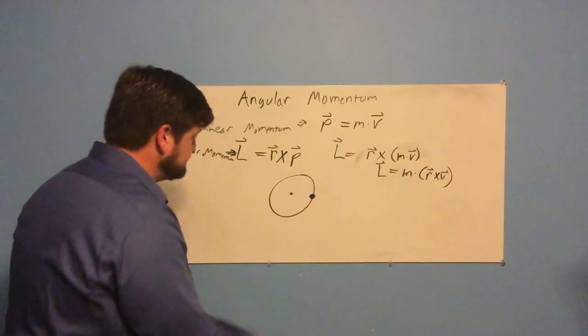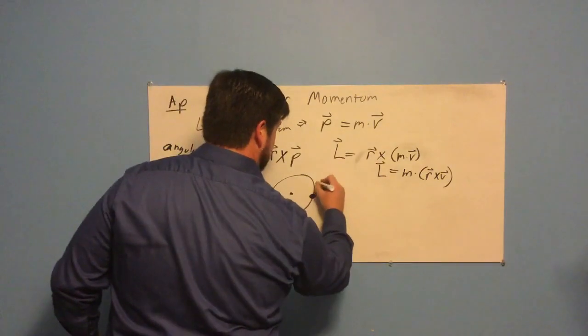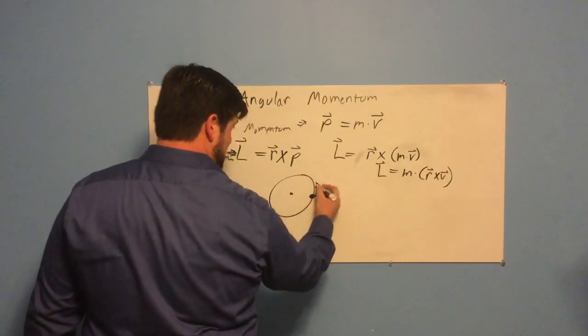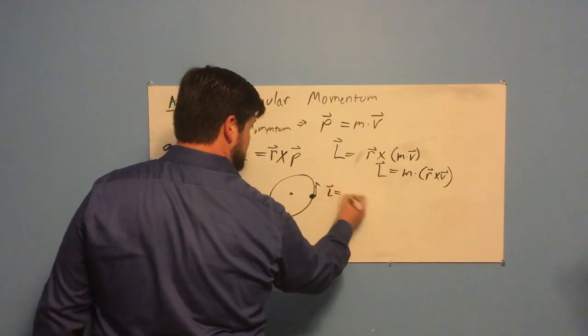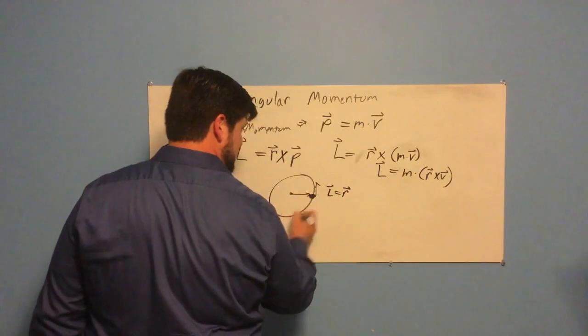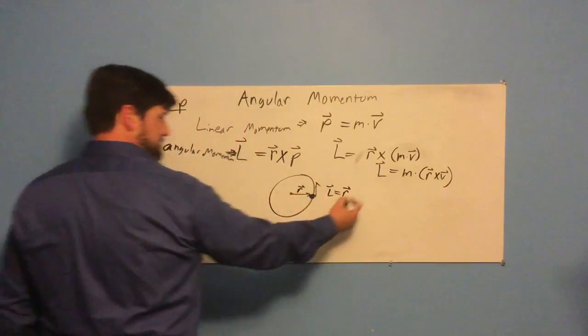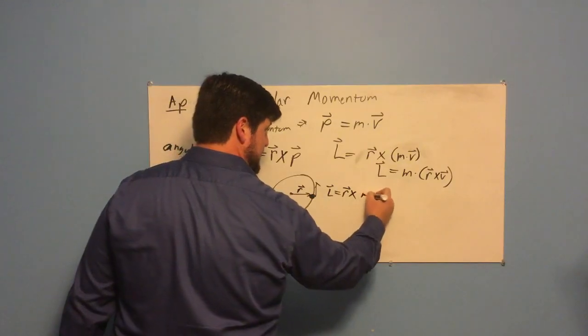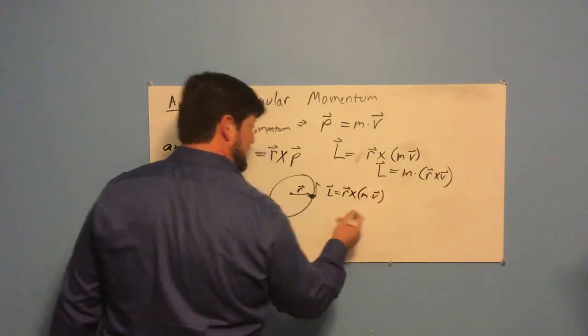You're going to have a velocity like this. And you're going to have L equal to r, your position vector, which will be here, there's your r, cross your momentum, mass times velocity.